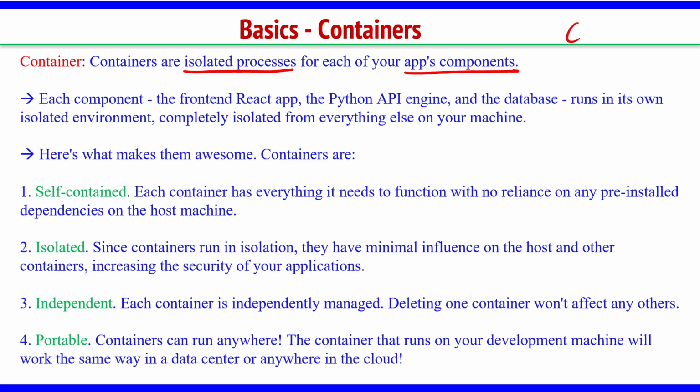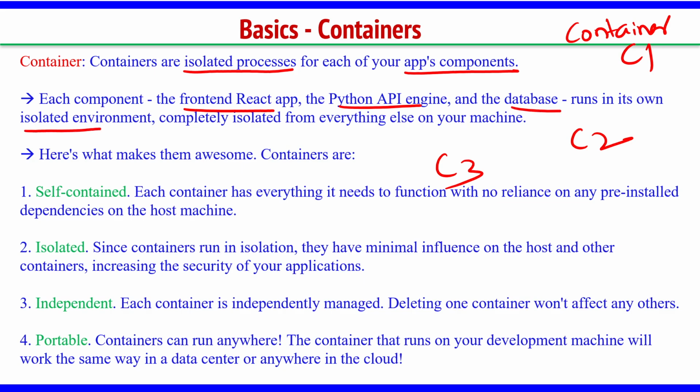For the front end, one container, C1, for the back end another one, for the database another one. Each component, the front end React app, the Python API and the database, runs in its own isolated environment. We are not running those three in a single environment. They are running in their own independent environments, completely isolated from everything else on your machine.